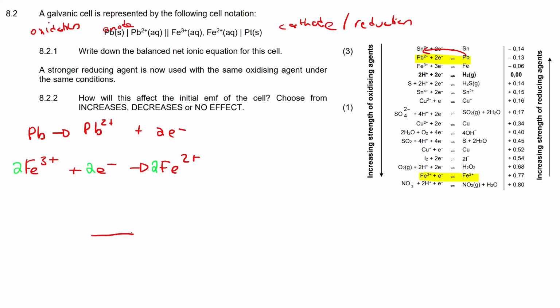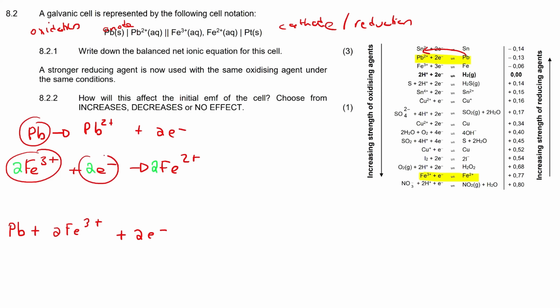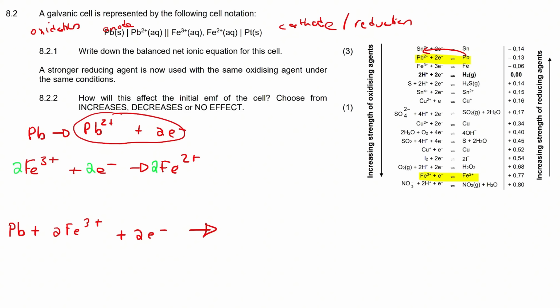Now we can put the two reactions together. So Pb plus 2Fe3+ plus 2 electrons. You see I've added everything on the left of the arrows. Now we're going to put the arrow, and we're going to put everything on the right of the arrows, which is that part and that part. So it's going to be Pb2+ plus 2 electrons plus 2Fe2+.